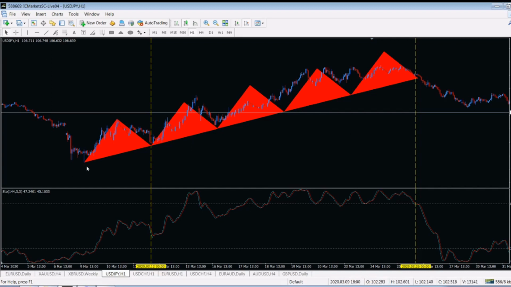I've drawn this first triangle from this bottom over here, this top, and the first correction. So that was the first triangle, and after that I just copied it. And as you might see, the market was growing steadily, showing turning points from time to time. The most important ones are those ones.